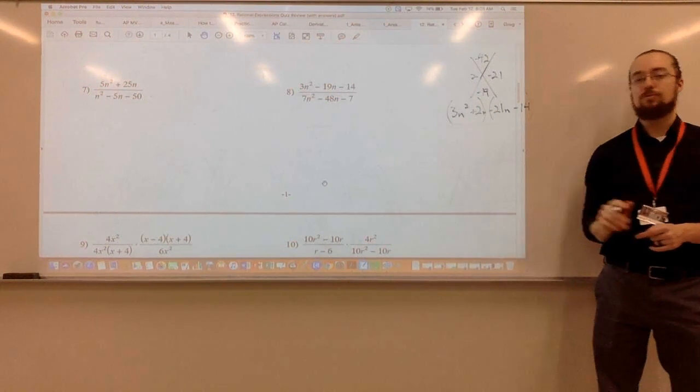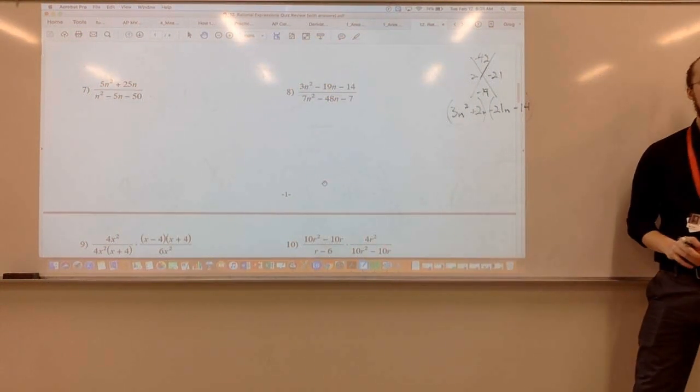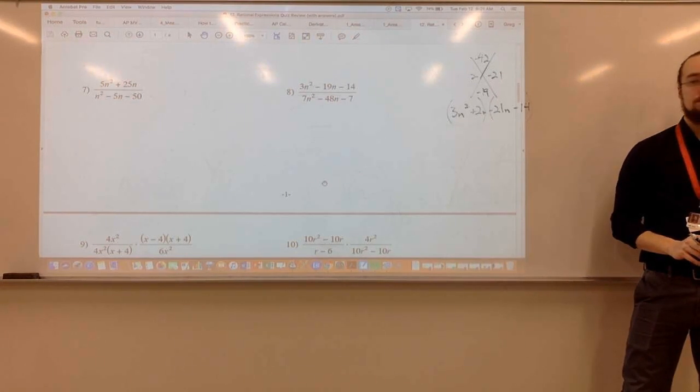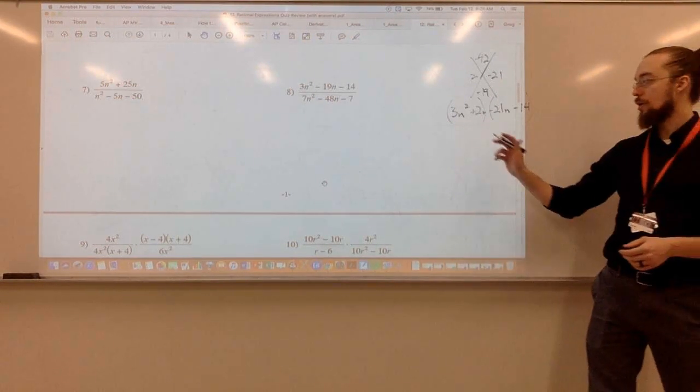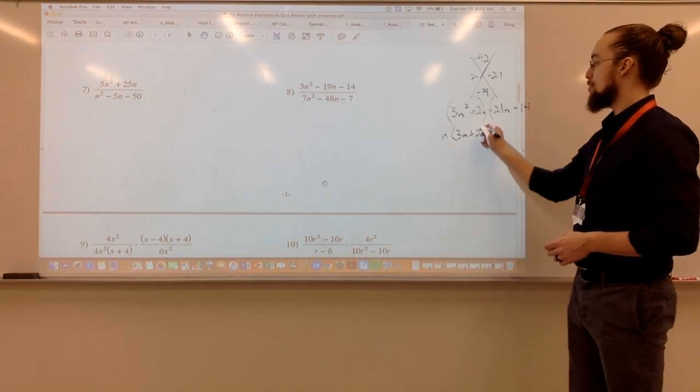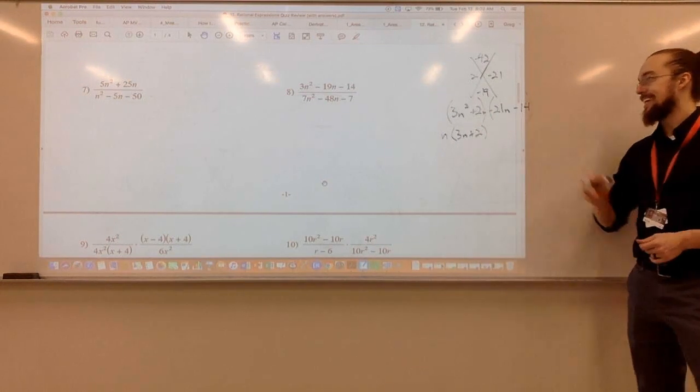What can I take out of the first two, 3n squared plus 2n? I could take out an n, so I would be left with 3n plus 2.